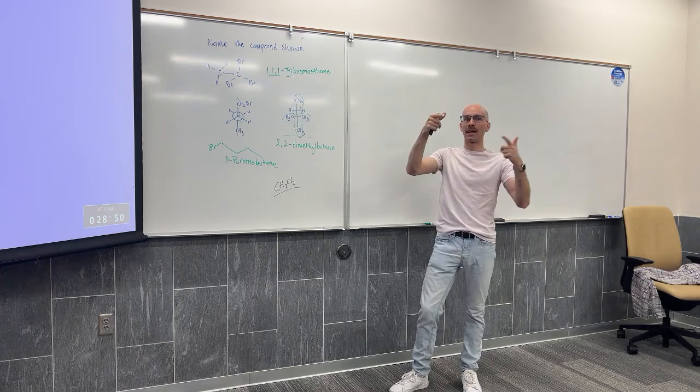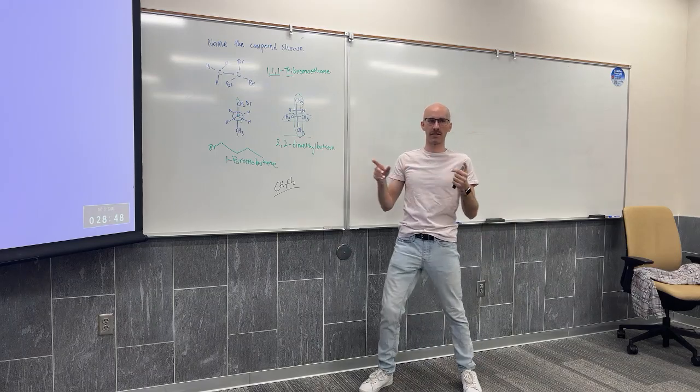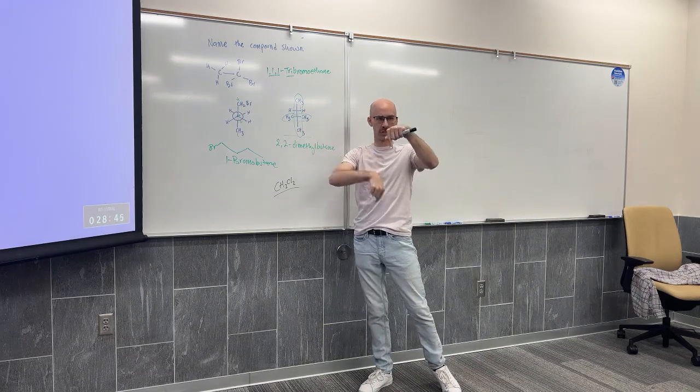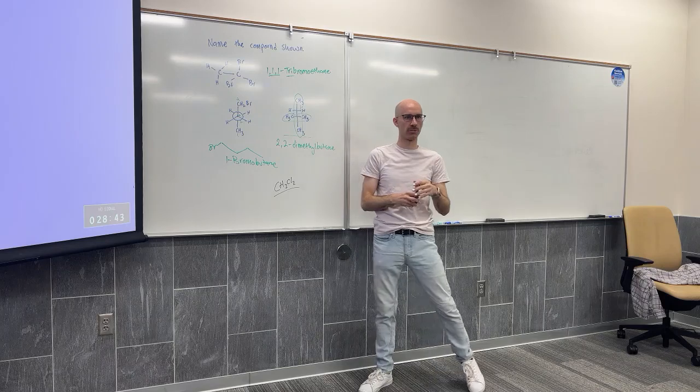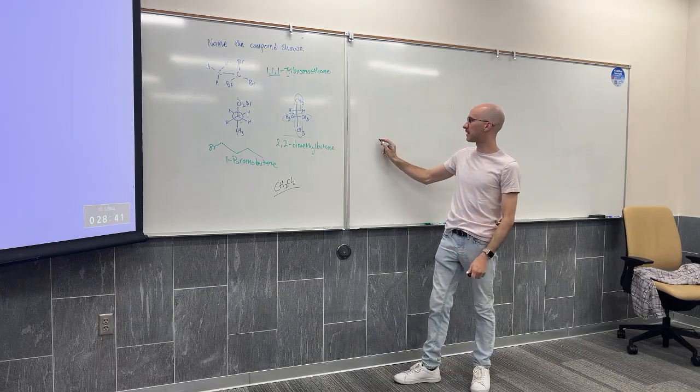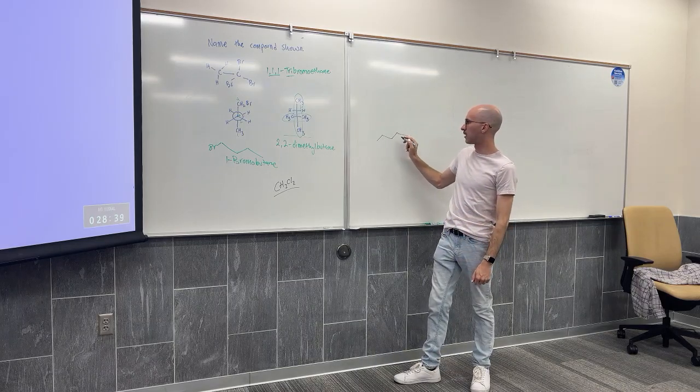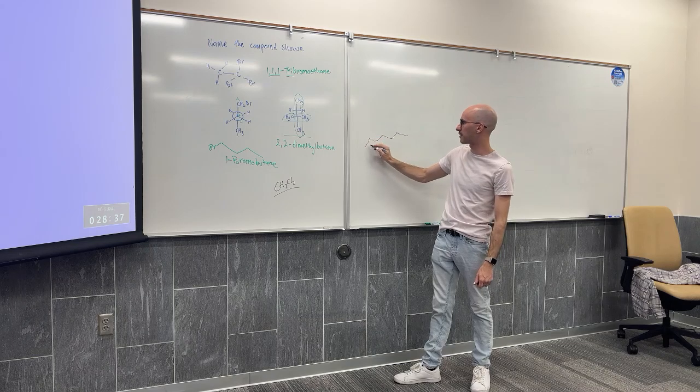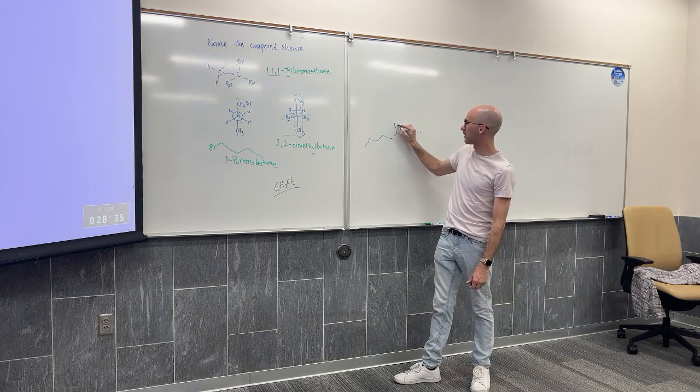Well, the bonding actually wouldn't work. I think you're describing bromine bonded to two groups, and that would put a positive charge on bromine. But there is an instance where the longest parent chain is really long, and then I've got this little CH2Br.